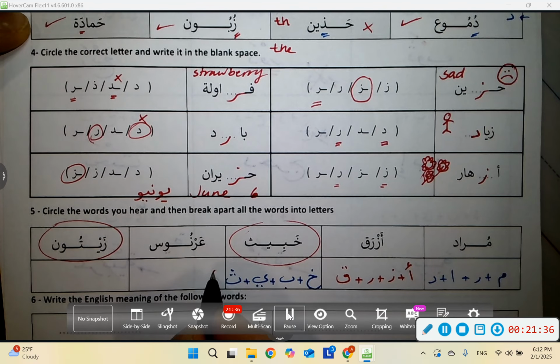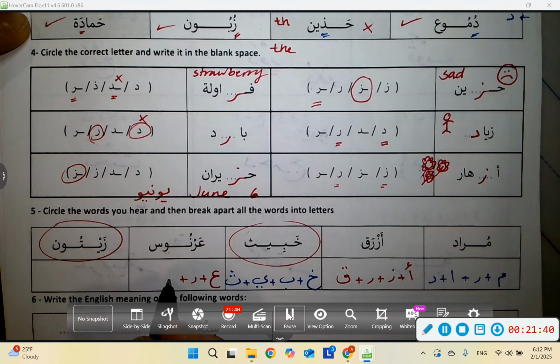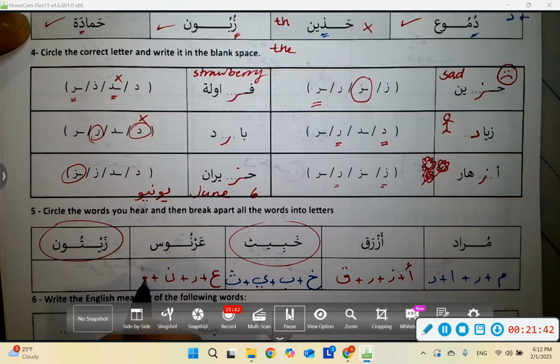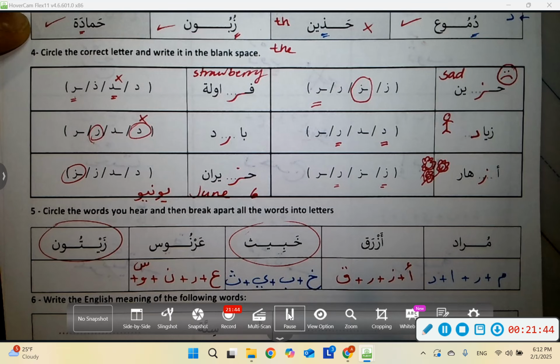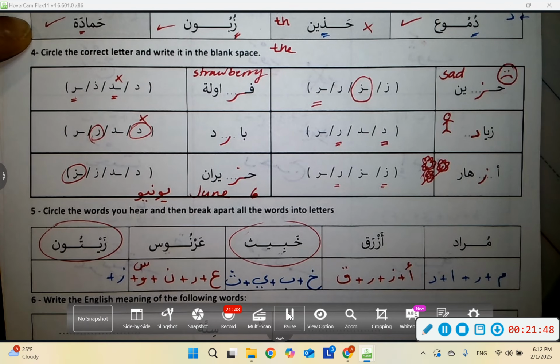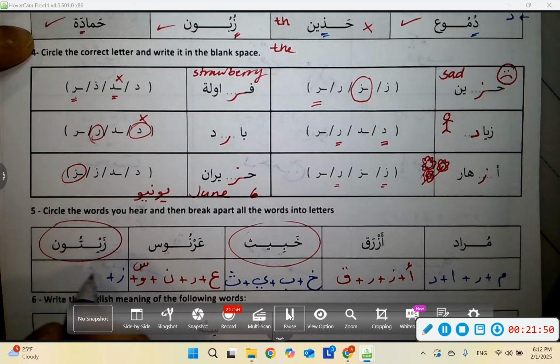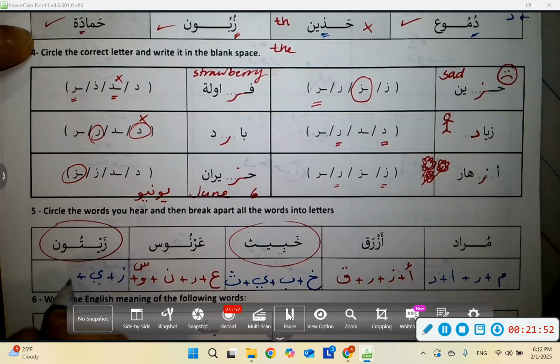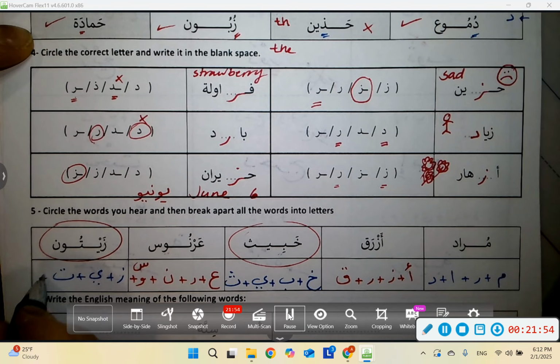Arnus, we have ain, we have ra, we have noon, we have waw, and we have sin. Zaytun, we have za, we have ya, we have ta, we have waw, and we have noon.